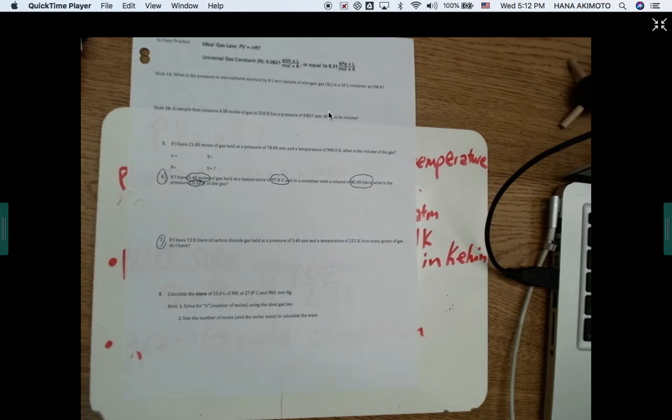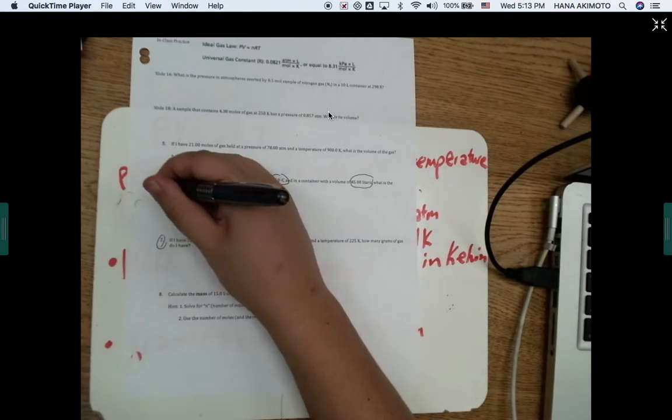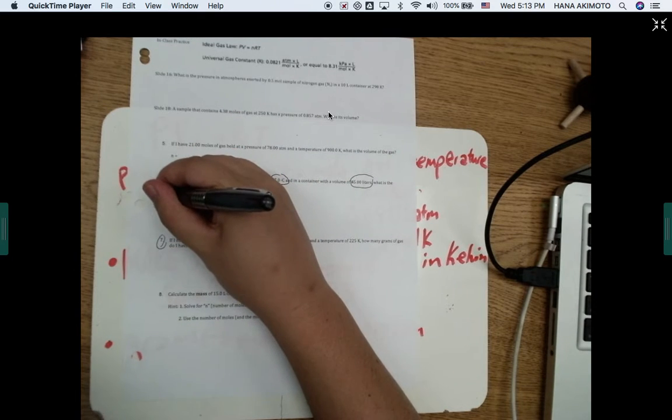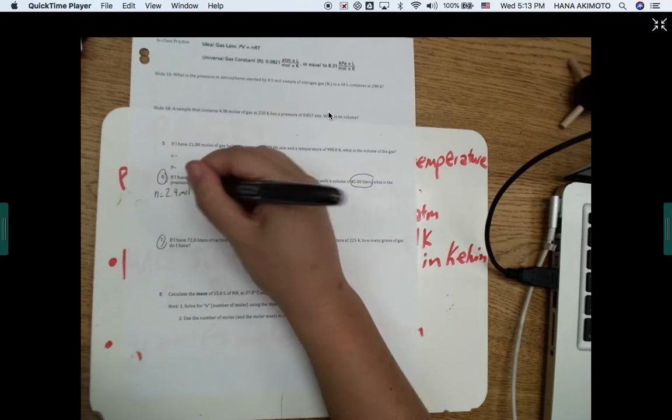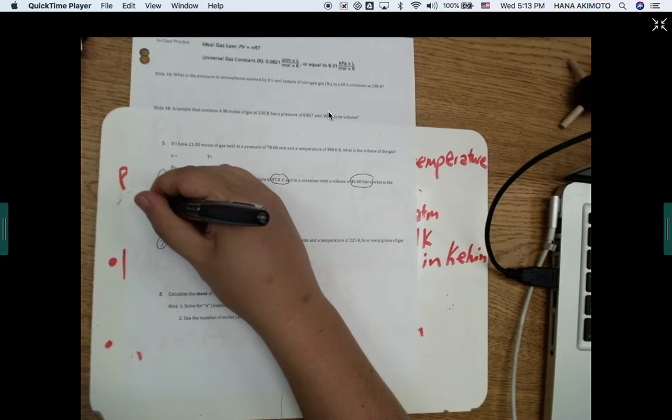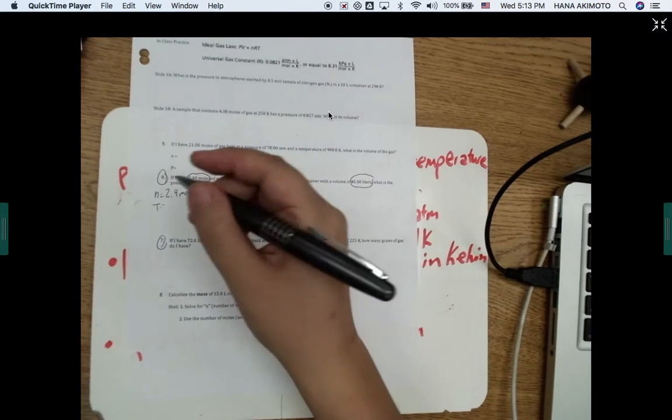Okay, so there are multiple ways to do this, and let me think about how I want to do this. Okay, so in this situation, let's just do this. n is equal to 2.4 moles. Temperature is in degrees C. Uh-oh.